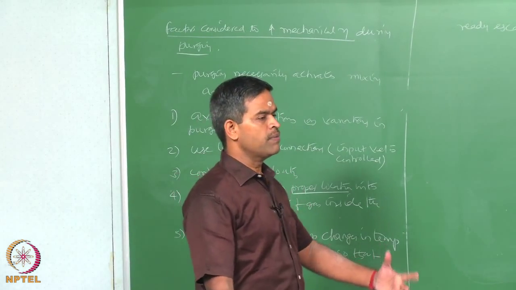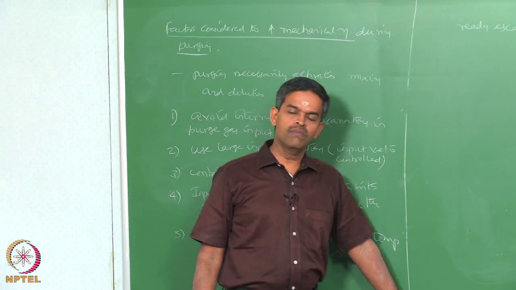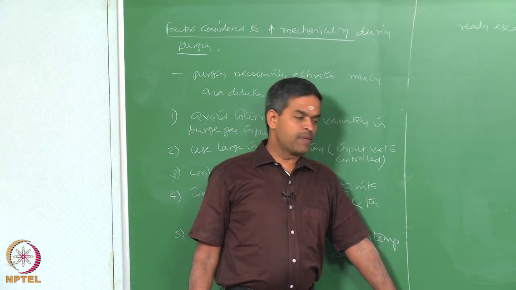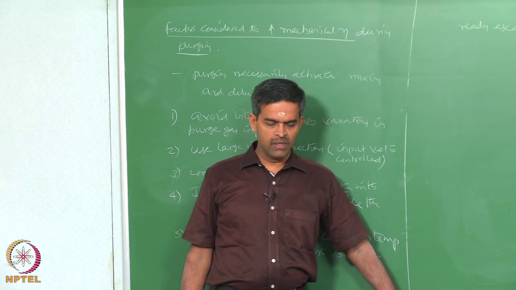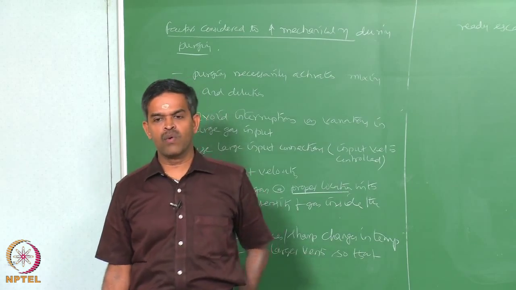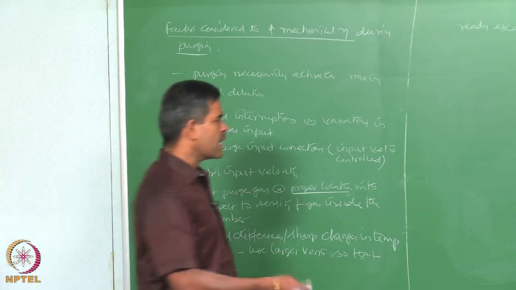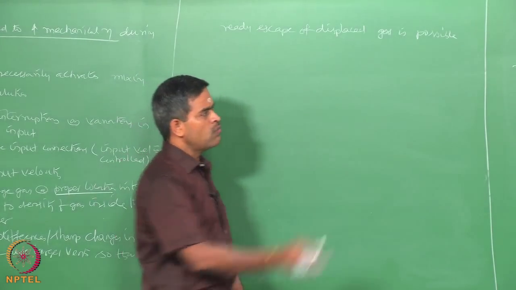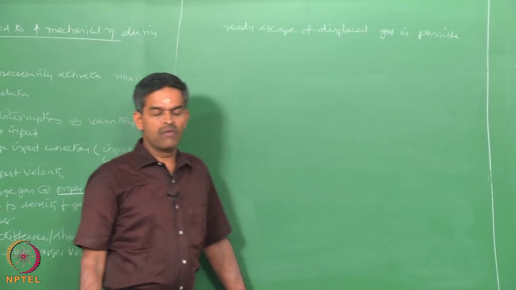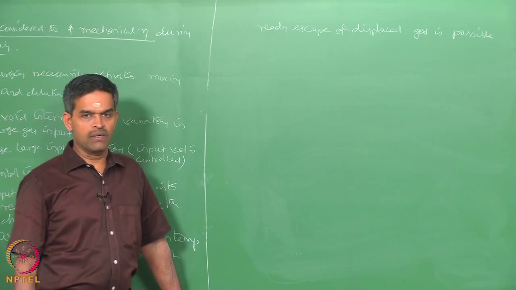We already saw different methods of purging in terms of what should be the inlet and outlet pressure control, whether pressure purging will follow vacuum purging, etc. We also saw the quantity of gas required for such purging methods. We will once again look at the method of purging from a different perspective, because now we have more information about the factors that can affect the efficiency of the purging operation.